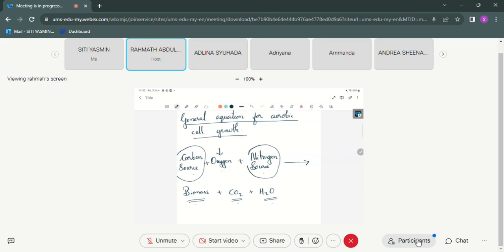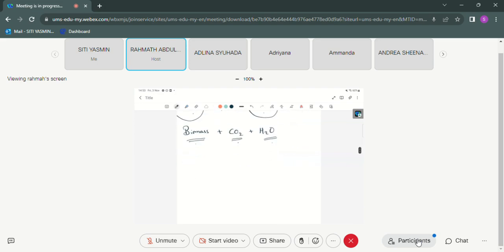Now we are going to define this same thing in terms of elemental composition, which is carbon, hydrogen, oxygen and nitrogen. So we are going to rewrite the above equation. Here we have carbon, hydrogen, oxygen, nitrogen, plus oxygen, plus nitrogen.